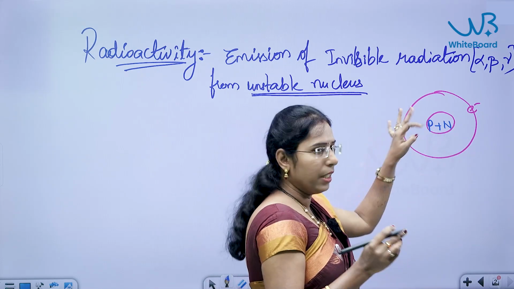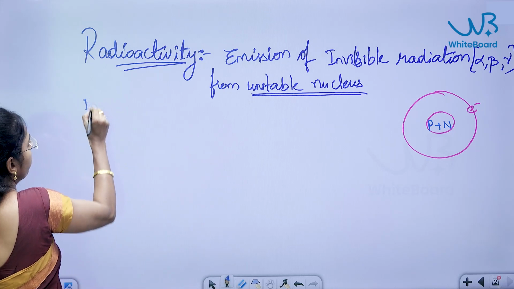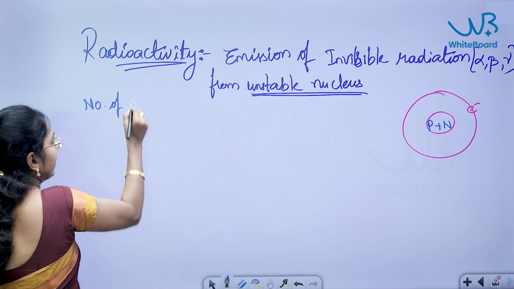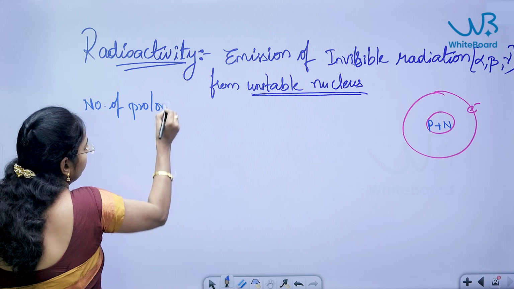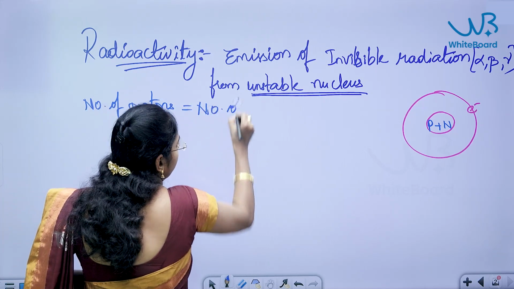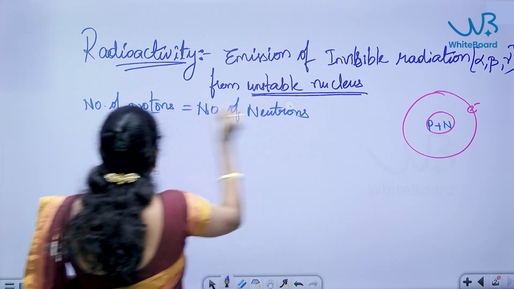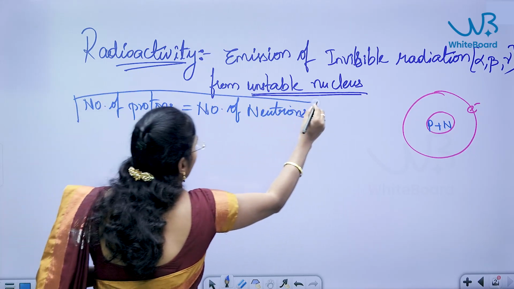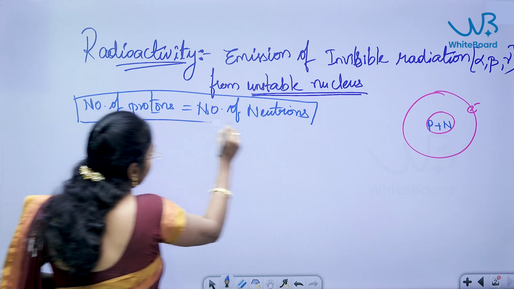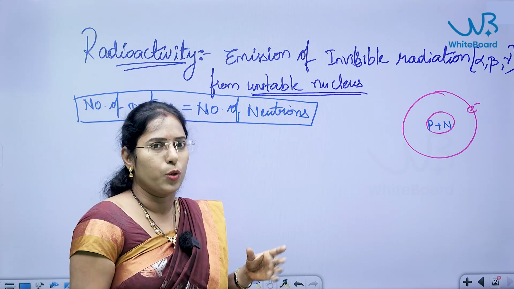If the number of protons is equal to the number of neutrons, then the atom is said to be stable.